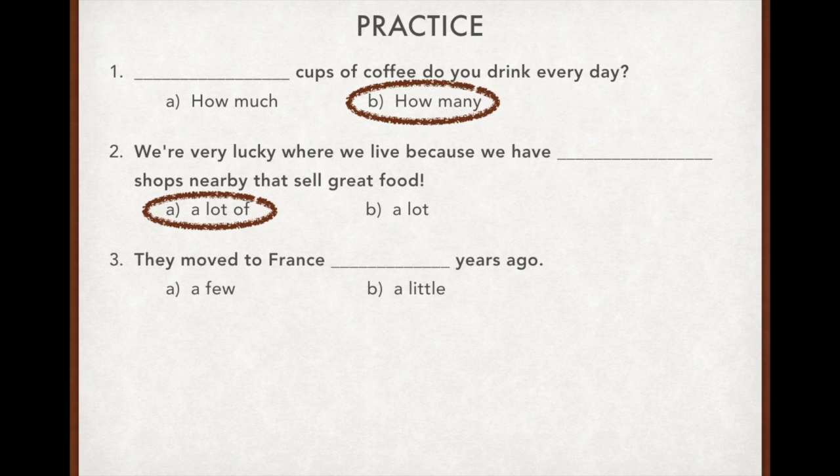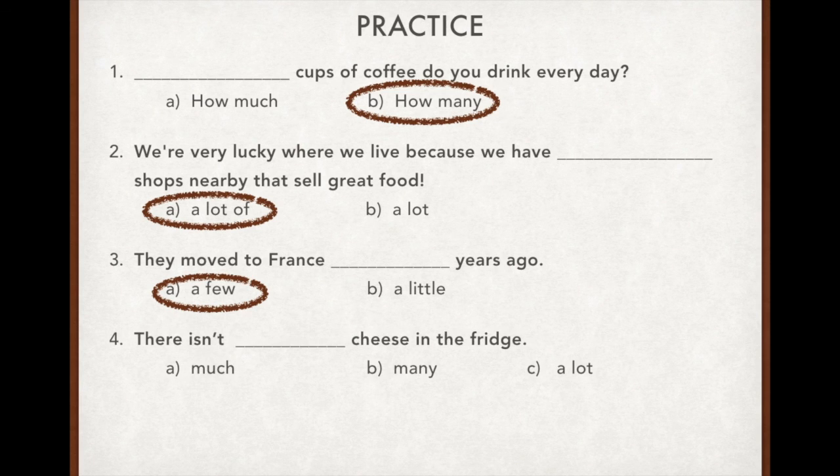They moved to France years ago. We can count years: 1 year, 2 years, 10 years, 5 years. So, a few years. There isn't cheese in the fridge. Can you count cheese? Much, many, or a lot? What do you think?